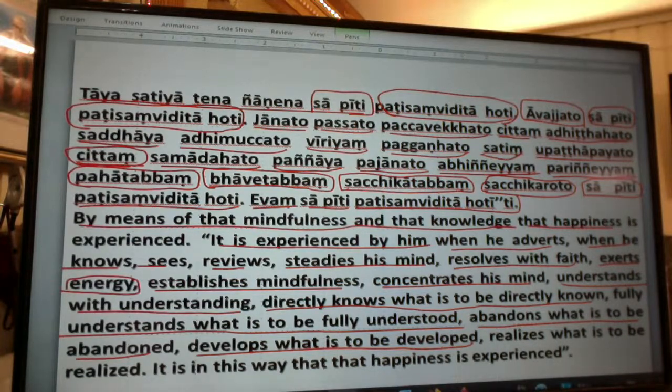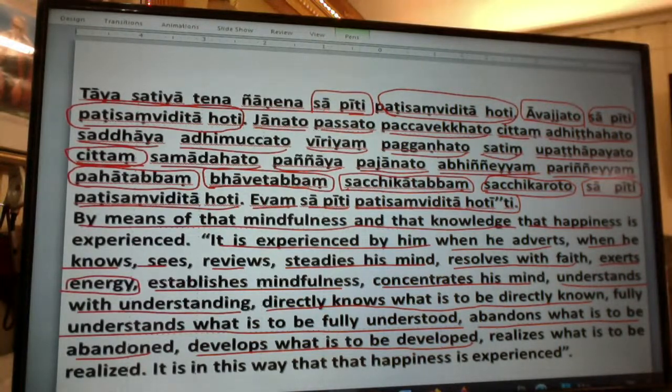So after we develop the Eightfold Noble Path, understand the truth of suffering, and remove the kilesa, manda defilement, the benefit we get is Sacchikatabba, Nirodha Satya, freedom, free from the body and mind. Yeah, the freedom. It's Nibbana. Free from kilesa. That's what we call Nibbana.